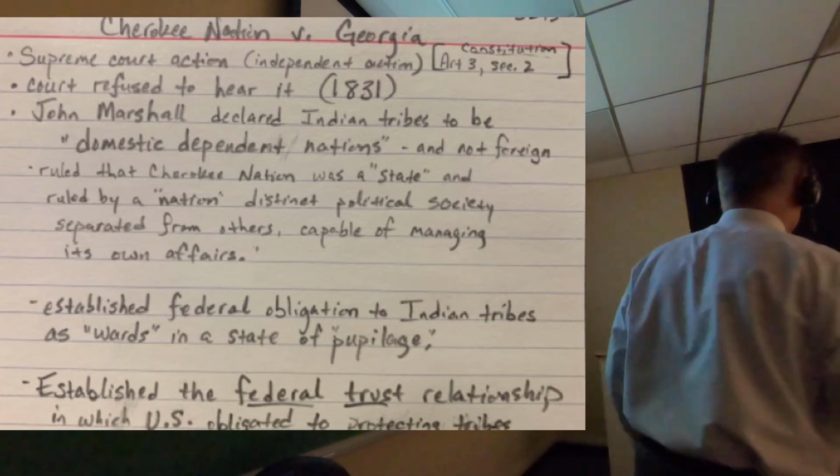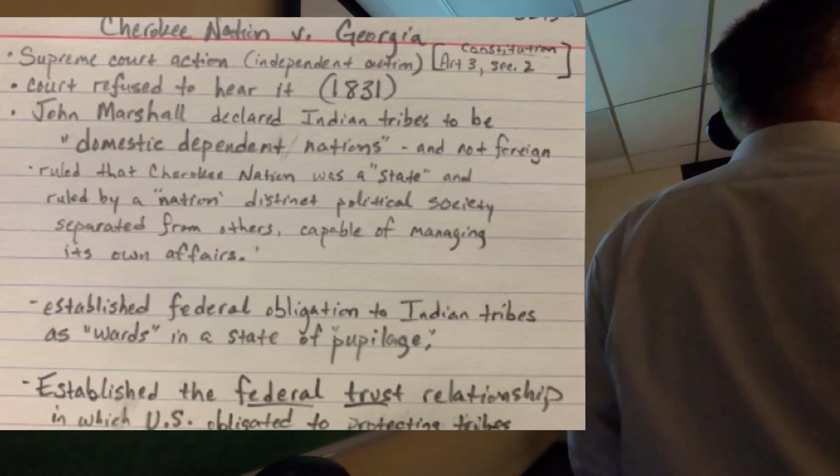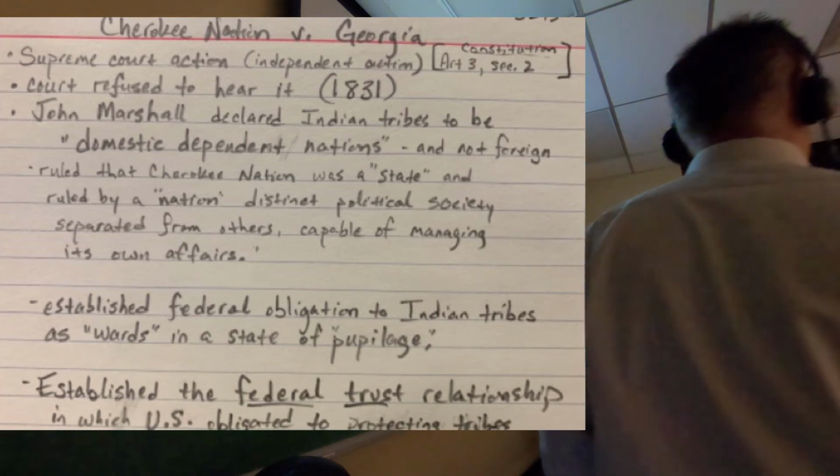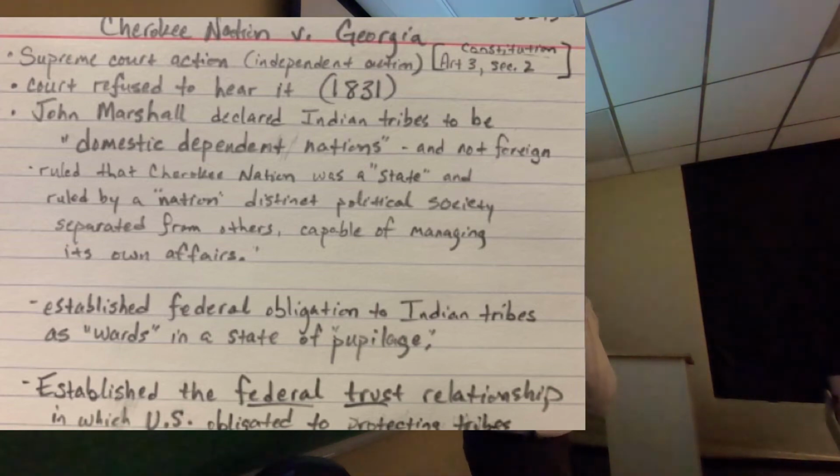Okay, this is weird. Indian tribes are governments that have a right to govern themselves, but they're not quite ready for independence. They're in a state of pupillage, according to John Marshall.